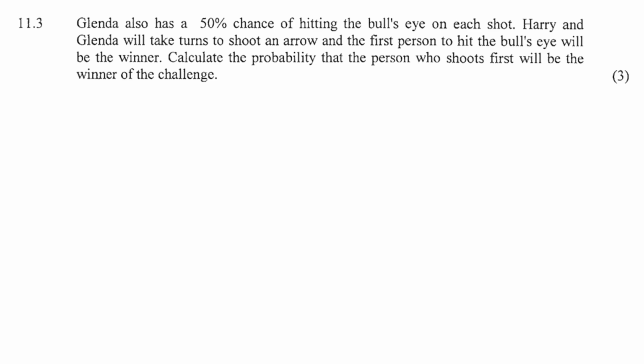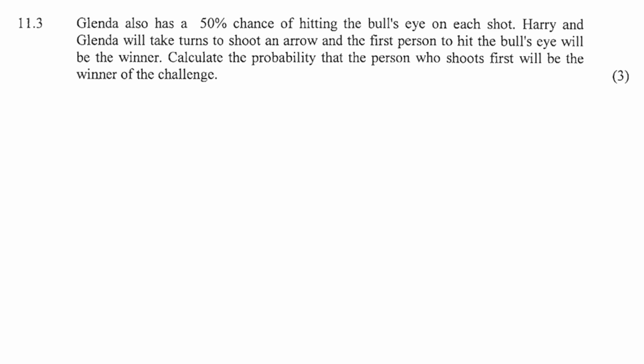This is quite a difficult question to conceptualize. I did it with two other students, and we struggled a lot with it, but I'll try my level best to explain how we go about this. We are told that there's another person, Glenda, who will be taking turns with Harry shooting the bullseye.